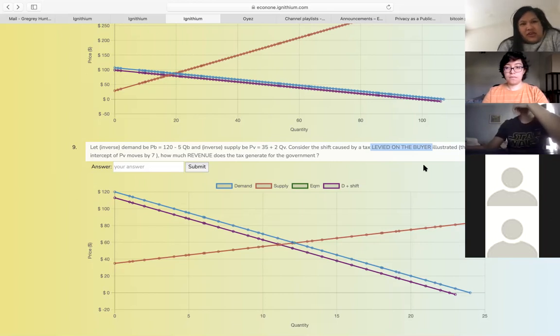But since there's only like Best Buy, Walmart, Target, that's like 3 entities, maybe GameStop, that you would buy a PS4 from, it's a lot easier for the government to say, oh no, okay, Target, Best Buy, you collect all the taxes and then you write us one check. You might have 100 or 200 or 300 customers, thousands of customers even, but you collect all that tax and you send it to us.